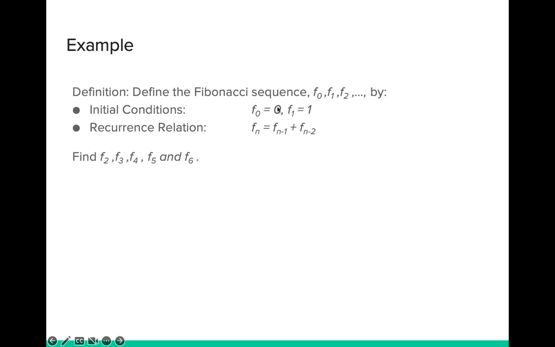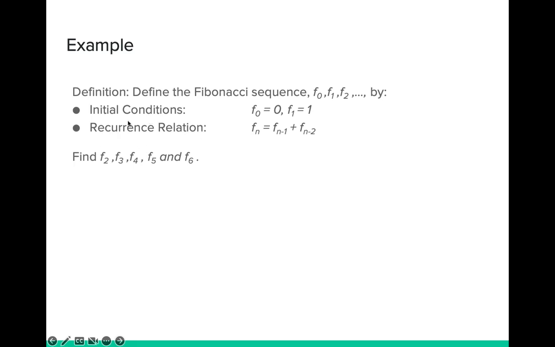Another example of a recurrence relation is the Fibonacci sequence: F sub 0, F sub 1, F sub 2, and so on. In the Fibonacci sequence, assuming we have the initial conditions 0 and 1, F sub 0 is equal to 0 and F sub 1 is equal to 1.